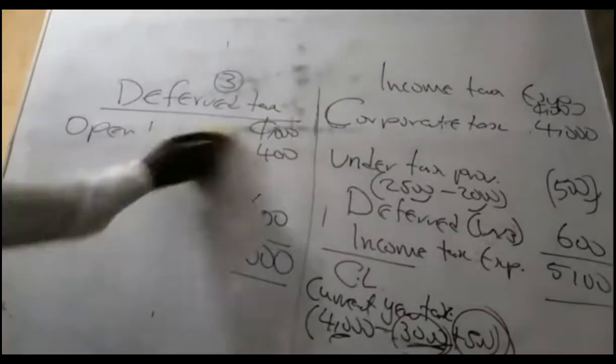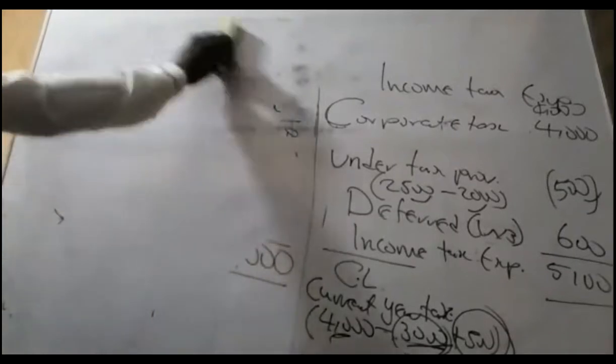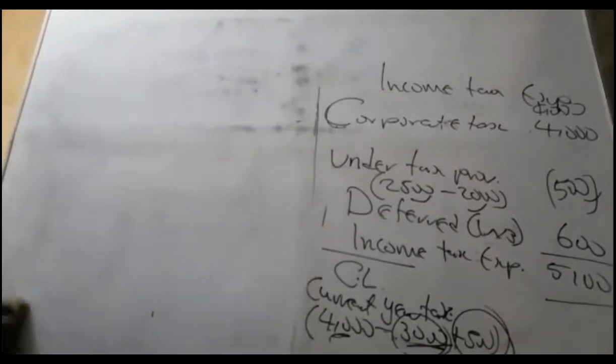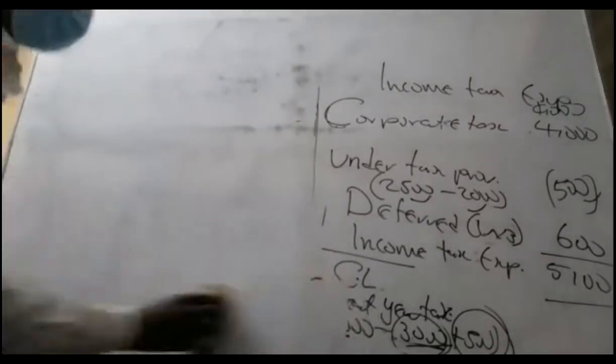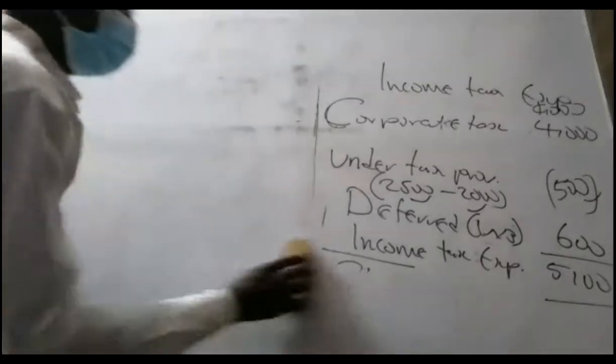IAS 16, you're welcome. To get a full picture, you can still use the video on IAS 16 solely. I think there are 2 to 3 videos on IAS 16 that give you a full picture.